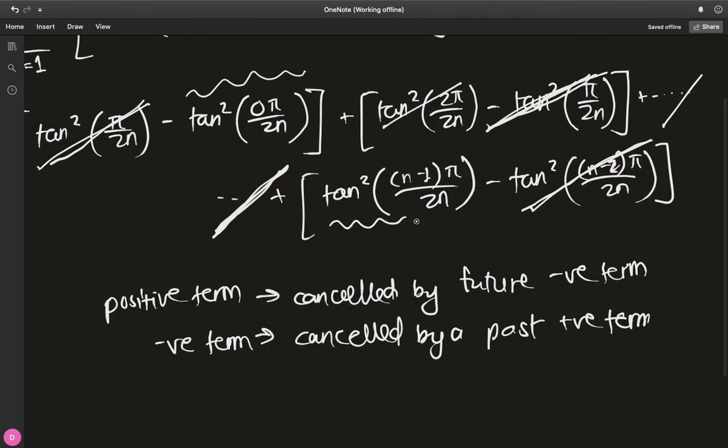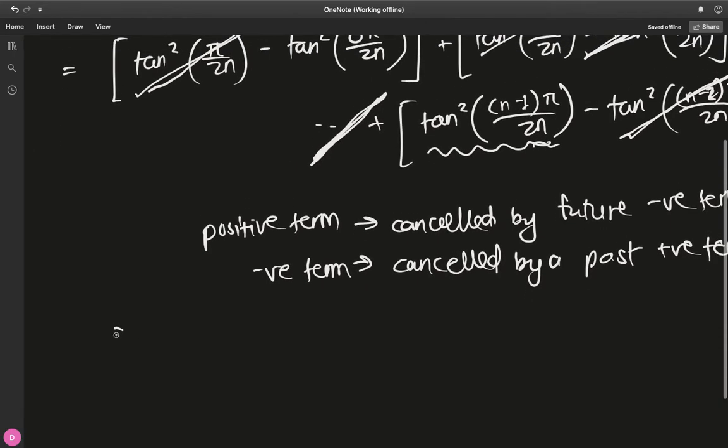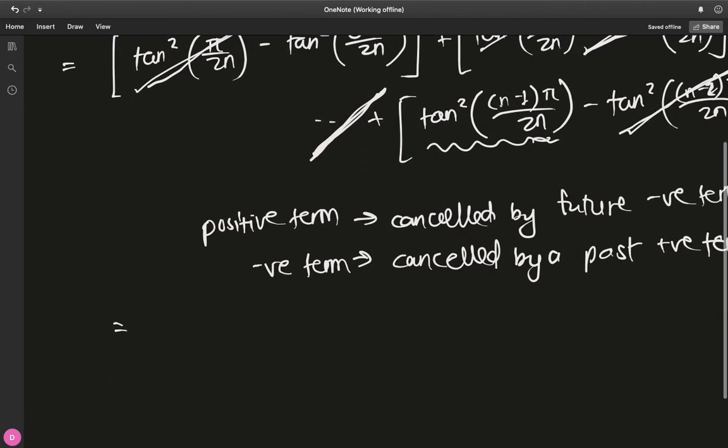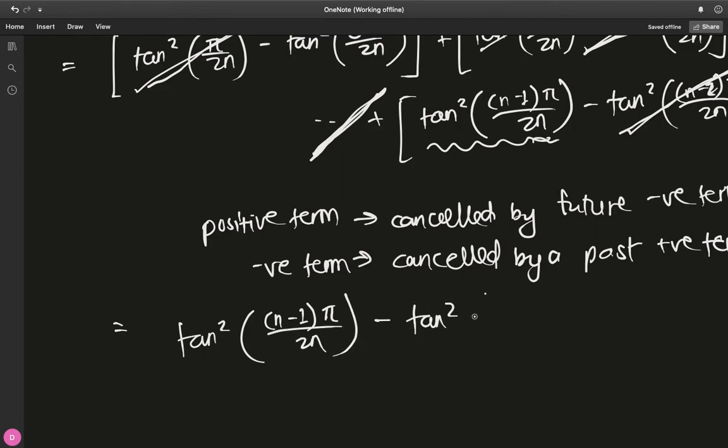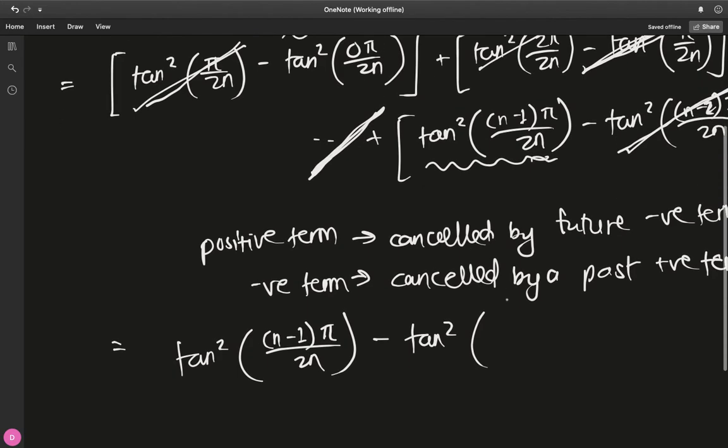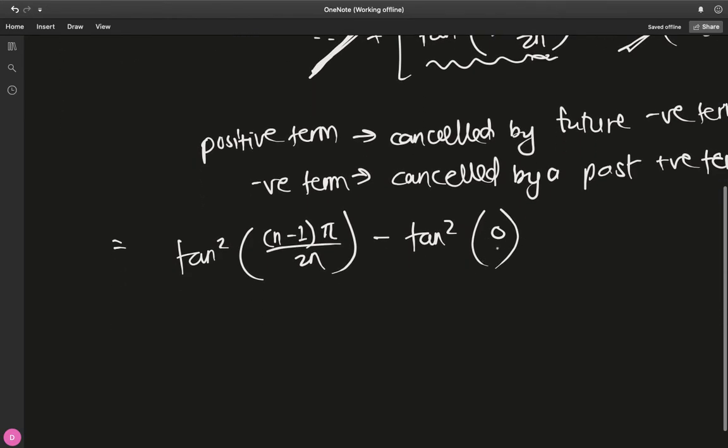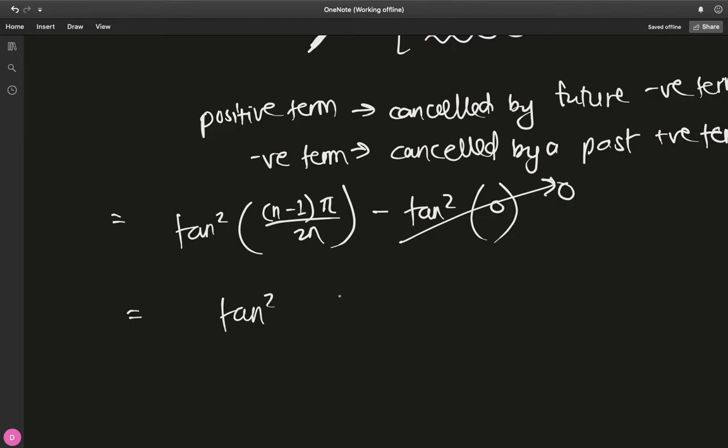And this positive term remains because it can't get cancelled by any term in the future, because at k equals n minus 1, this entire sum is ending. So we can't have any more future terms after this. So this entire sum just becomes these two terms, tan squared of (n minus 1) pi over 2n minus tan squared of 0 pi over 2n, which will just be 0. Tan of 0 is 0, square of 0 is 0, so this term goes to 0. The entire sum just becomes tan squared of (n minus 1) pi over 2n.